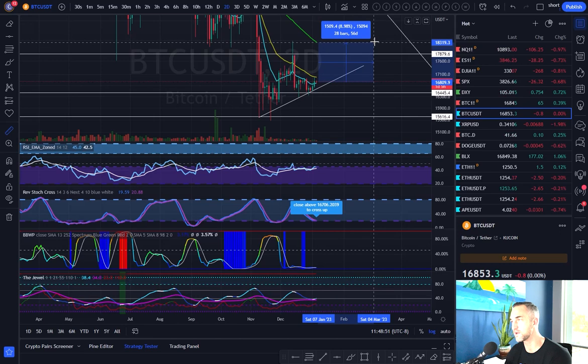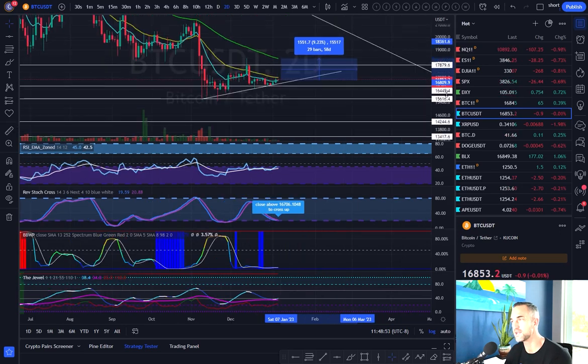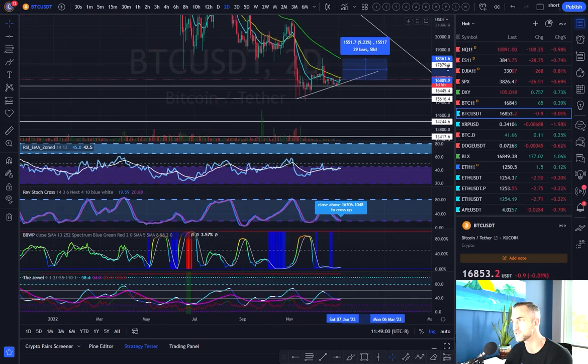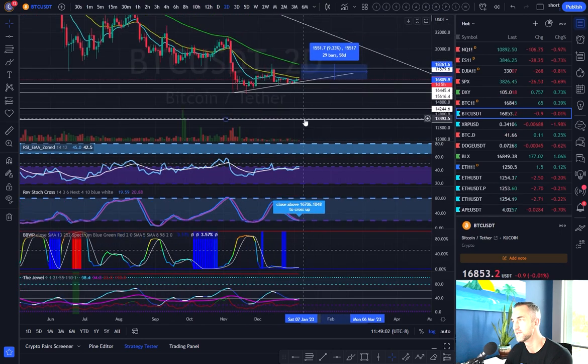Again, the conditions for a macro bottom to be put in have not been initiated. Some of those conditions we have talked about are on the monthly time frame. We want to see the MACD cross back to the upside.